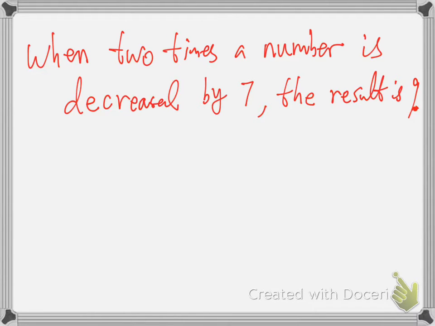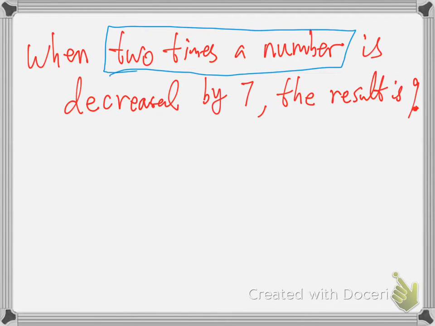So now there are two operations in this sentence. First there is a multiplication. And then decreased by, this is a subtraction. So now suppose we use x to represent the number.